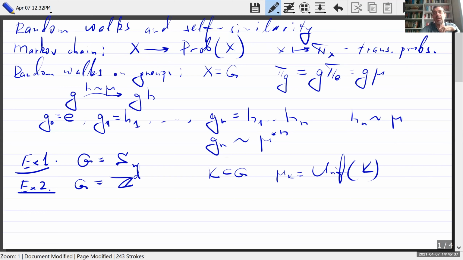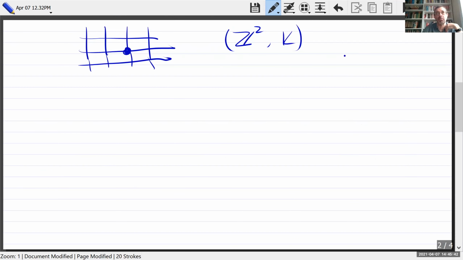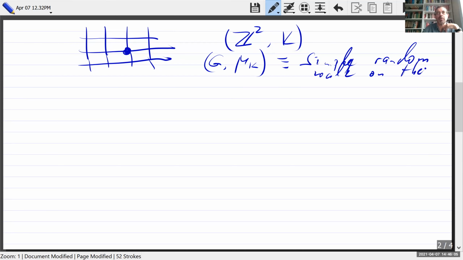Okay, so this random walk, in this situation, the random walk governed by the uniform measure on the generating set, coincides with what is called the simple random walk on the Cayley graph. So the random walk governed by this measure U_K is the same as the simple random walk on the Cayley graph.